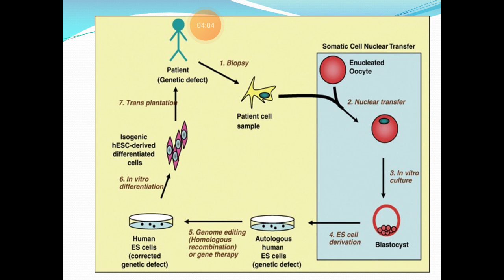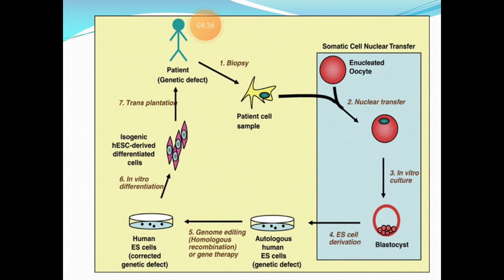Okay, in vitro culture of this oocyte with the patient's nucleus containing the non-functional gene, and you will get a blastocyst, an early stage of the embryo. From the blastocyst, you can retrieve embryonic stem cells, which are totipotent, meaning they have the potential to differentiate into any type of cells.